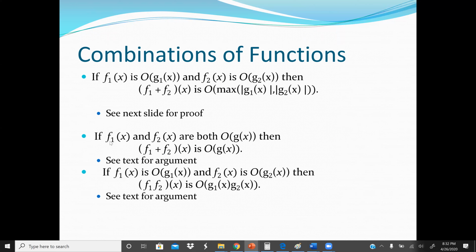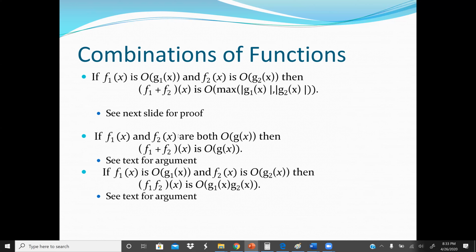Now, if f1 at x and f2 at x are both big O g at x, then again, both f1 at x and f2 at x are big O g at x. Here they are separately. We have g1 and g2 for f1 and f2.